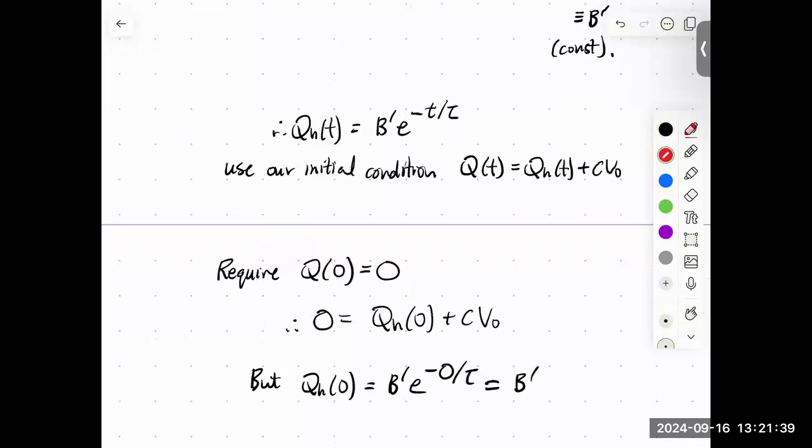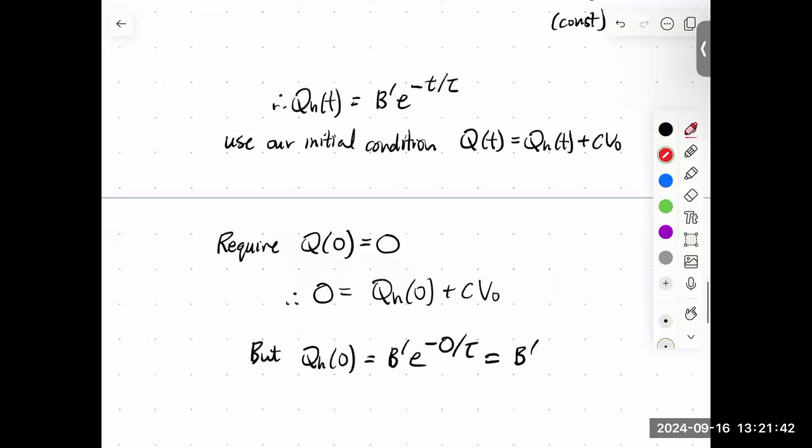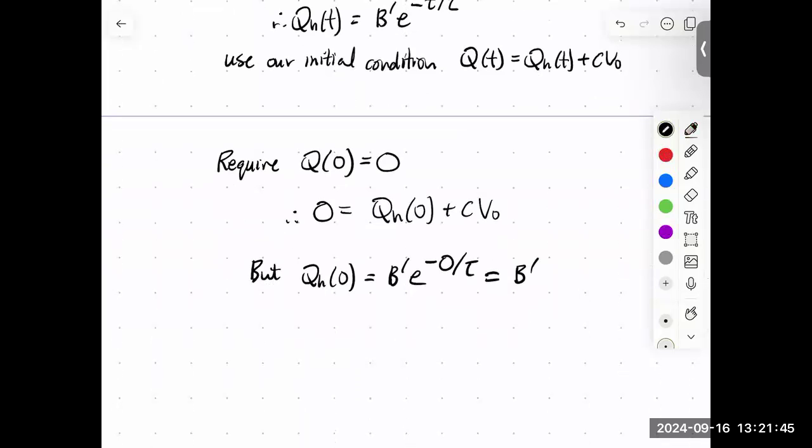So what we'll do is we will go back and say, okay, 0 is equal to QH of 0, which is just b prime, plus CV0. And the only way this could be true is if these two terms are equal but opposite in sign. And so that means b prime is minus CV0. So therefore, b prime is equal to minus C times V0.